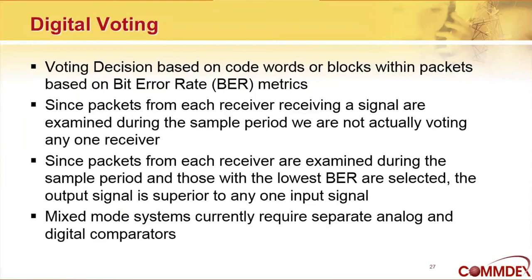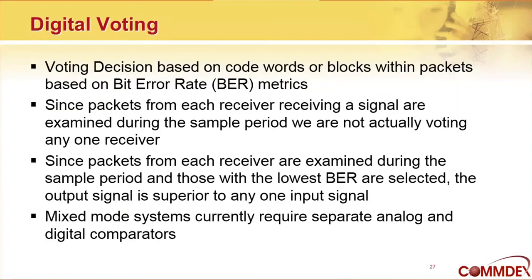Bit error rate is a metric that is used to determine digital quality by looking at the percent of bits that are invalid or corrupted. So if we have 100 bits coming in and 5 of them are incorrect, then we have a 5% bit error rate.